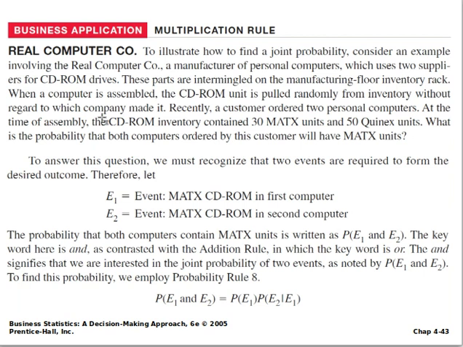At the time of assembly, the CD-ROM inventory contained 30 MAT-X units and 50 Kinix units. What is the probability that both computers ordered by this customer will have MAT-X units? To answer this question, we must recognize that two events are required to form the desired outcome.